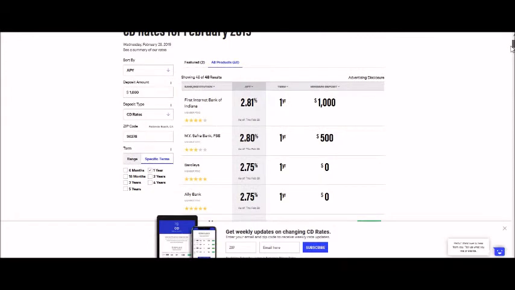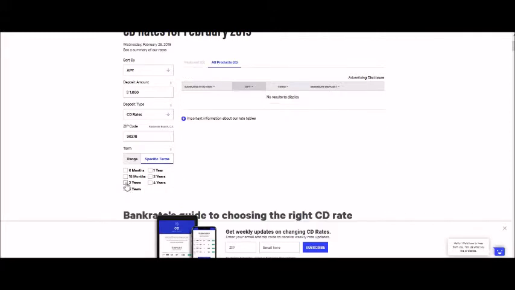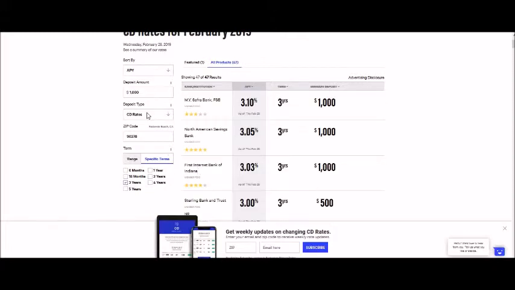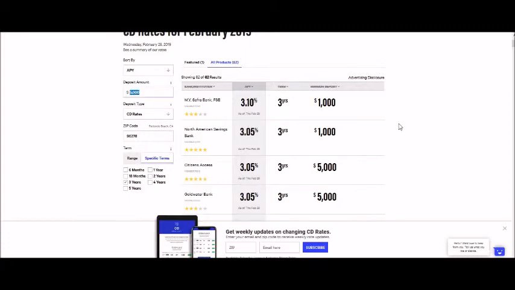And let's look at the options if you have a longer period of time to do. I've just opened up a few CDs that are for 3 years in one of my brokerage accounts. And let's say you have a little more money. Let's say you have $5,000. You can get a little bit of higher rate if you're planning to keep your money in there longer, and also if you can put in a larger minimum deposit.